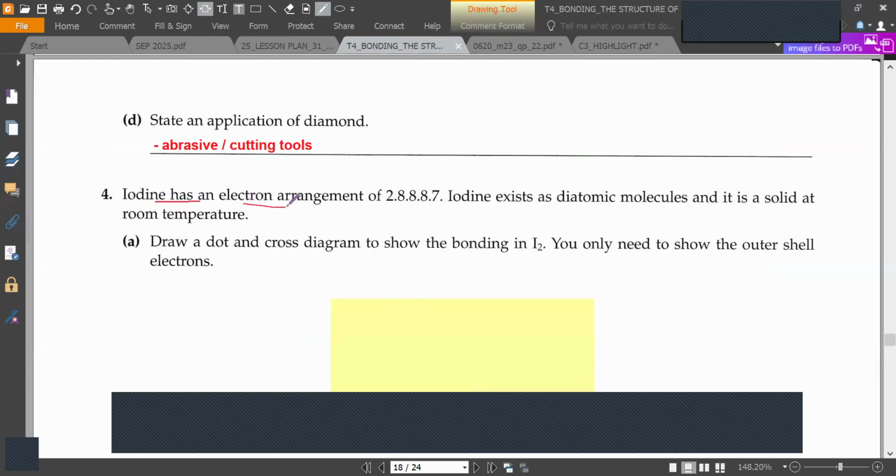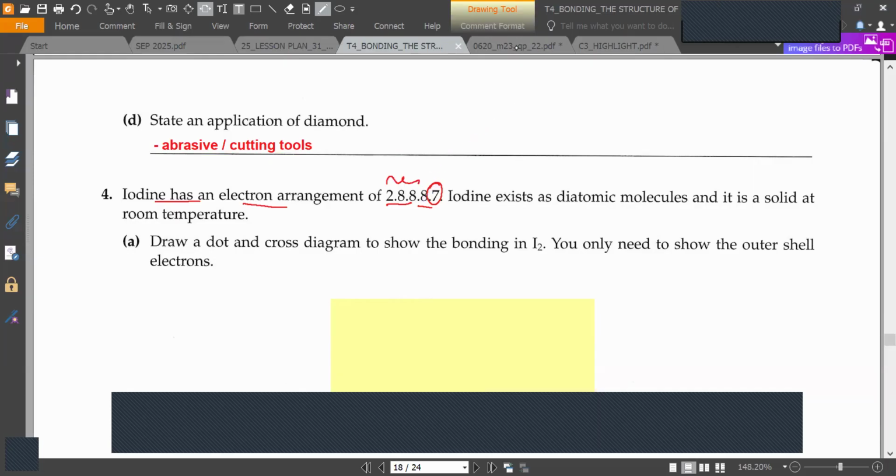Next. Iodine has electron arrangement of 2.8.18.18.7. Normally we just look at the outer shell, because the outer shell is the one involved in chemical bonding, so the inside is not that important.